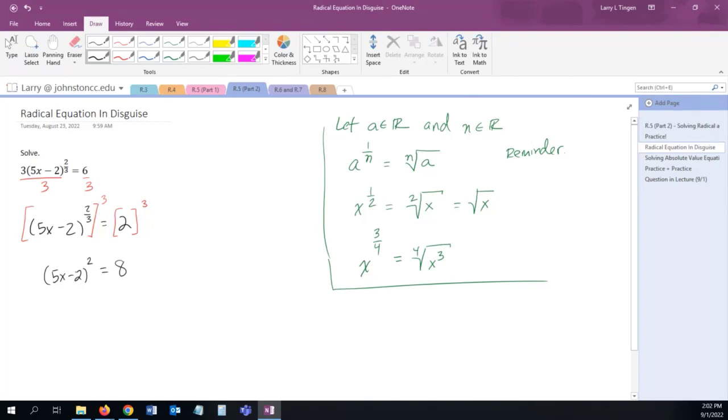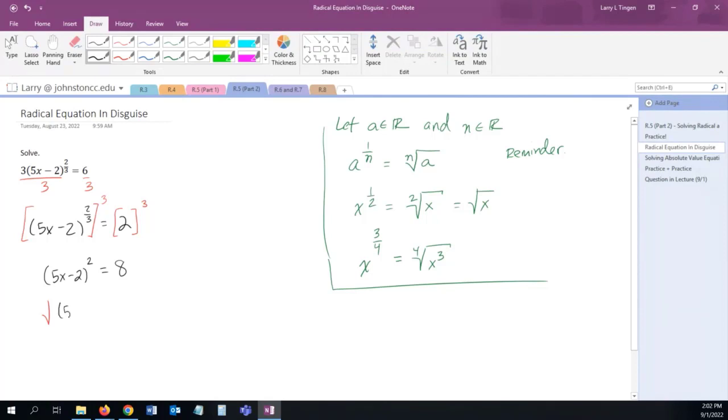Well, this looks familiar. Now this is the square root thing. I have an expression with x in it raised to the 2nd power, equal to 8. I would like to liberate x from this. So what do I do? Take the square root of both sides.